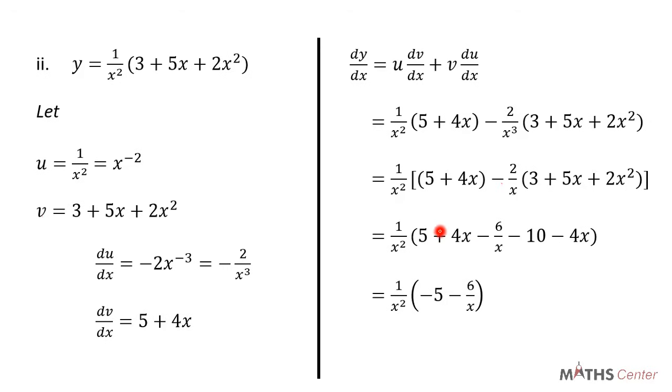This gives us, when you simplify what is in the bracket, as you can see, 4x and negative 4x will be 0. 5 minus 10 will give us negative 5. And then we have minus 6 divided by x. So this gives us 1 divided by x squared into bracket negative 5 minus 6 divided by x.